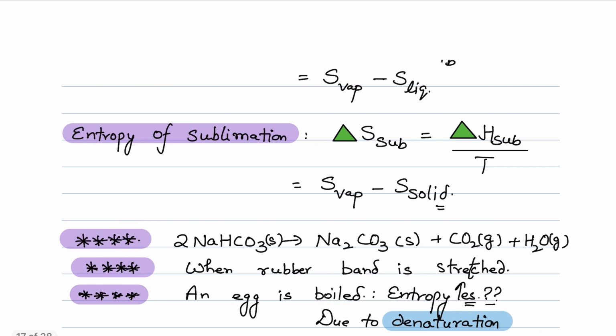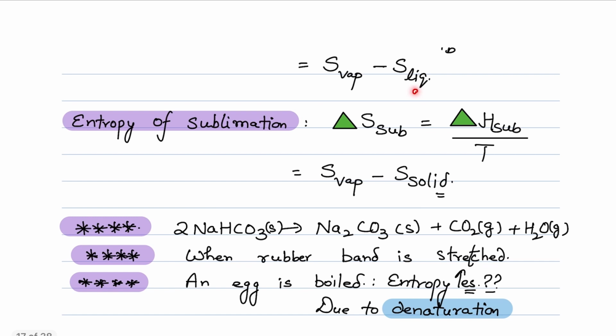Here we have entropy of vapor minus entropy of liquid. Next is the entropy of sublimation. Entropy of sublimation is equal to delta H of sublimation by T. Again, it is entropy of vapor minus entropy of solid.